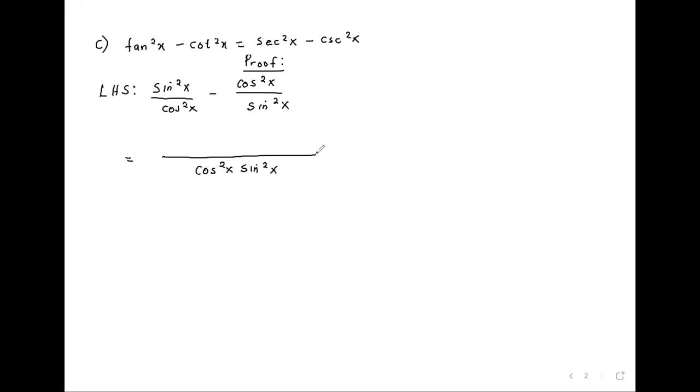The numerator becomes sine squared x times sine squared x minus cos squared x times cos squared x.